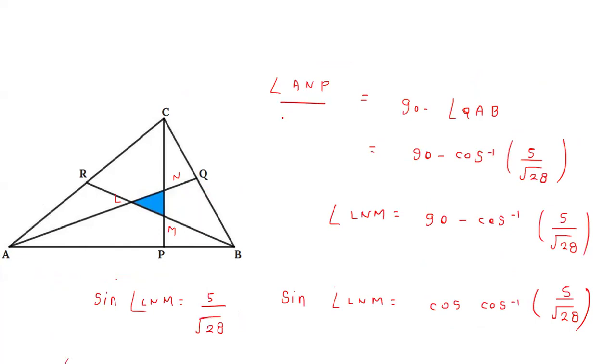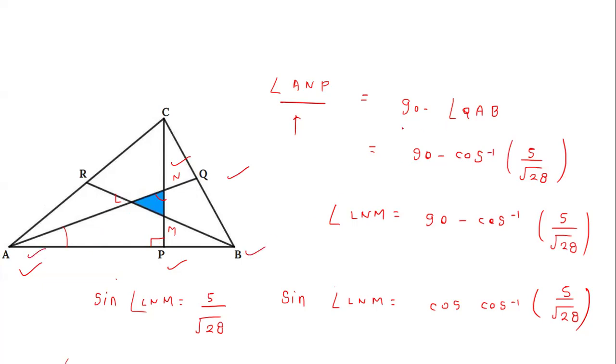Now you consider the triangle ANP. So now this is A, this is N, this is P. So the angle ANP, in this triangle you consider the angle ANP. So this is this angle. This angle we can write, this is 90 and this is our angle QAB.